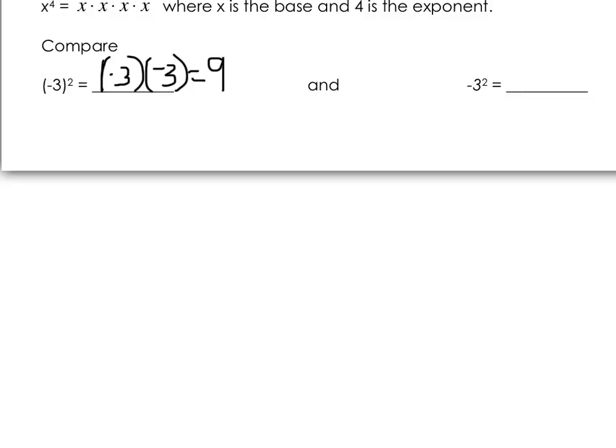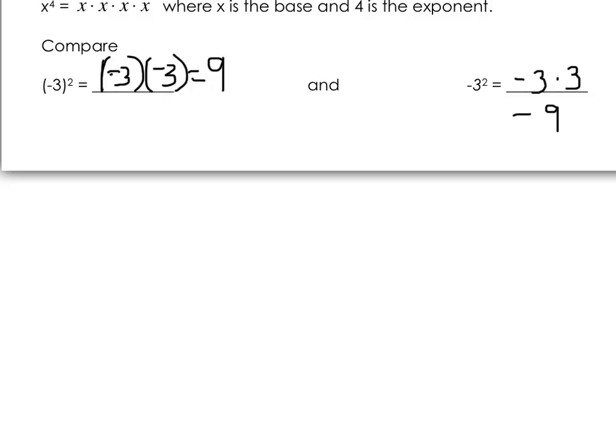This time, what are you squaring? Before, we were squaring the negative sign because the negative sign was in parentheses. This time, the negative sign is not in parentheses. That means it's out front waiting to see what happens when you square the 3. So it's negative 9. The negative is not being squared in that case.